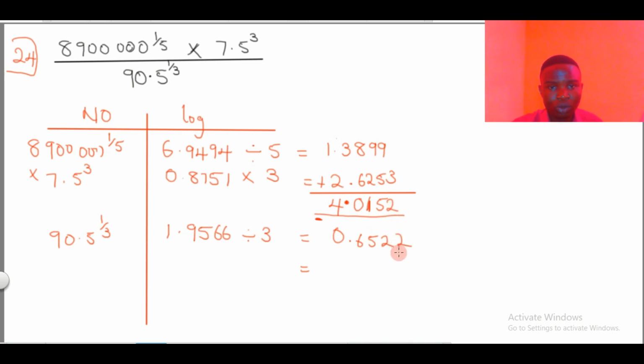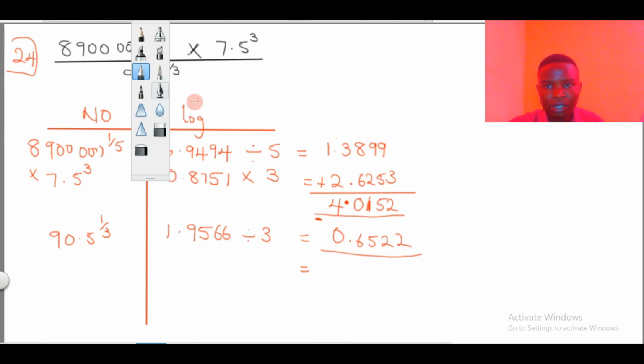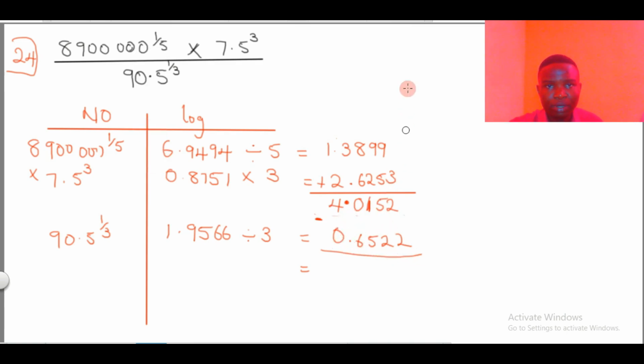So 2 minus 2 will give me, okay, let me clean this thing from here. So I'm subtracting this number now from this number.